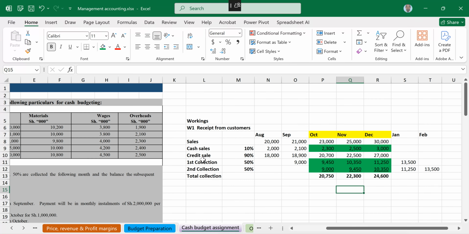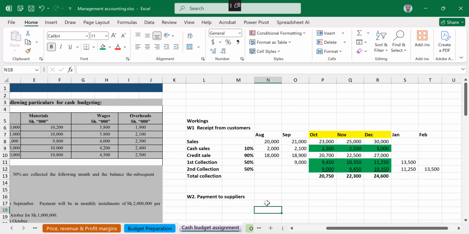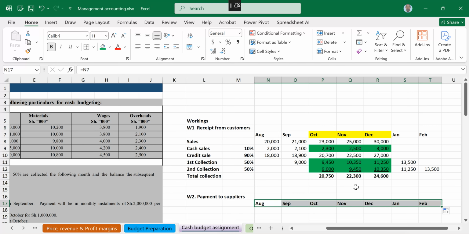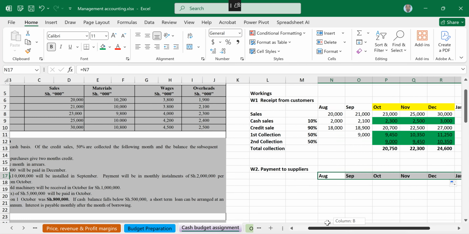Working two, payment to suppliers. Again, pick the months as they are up there. August, enter, drag across, to February maybe. Then purchases are under materials.